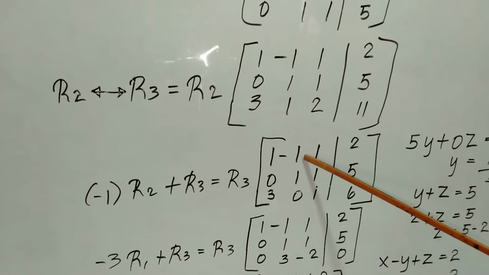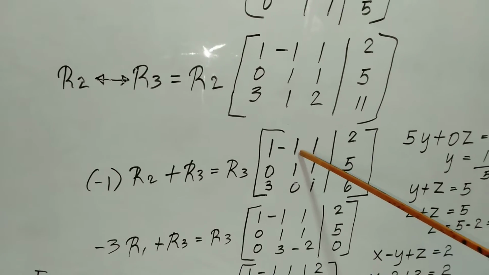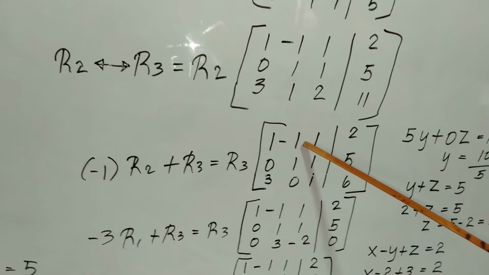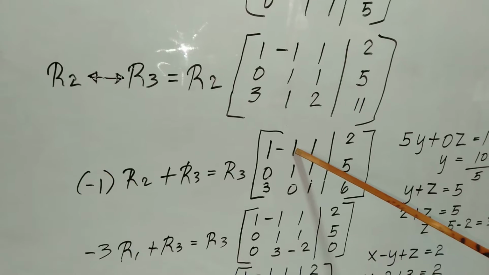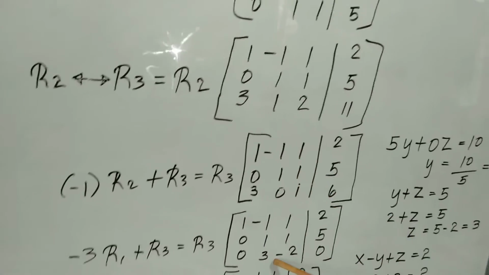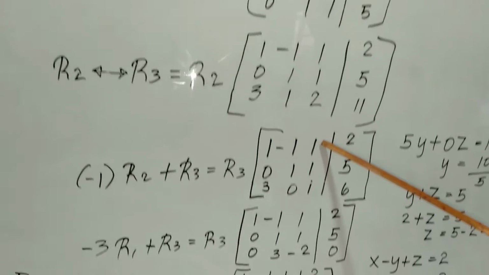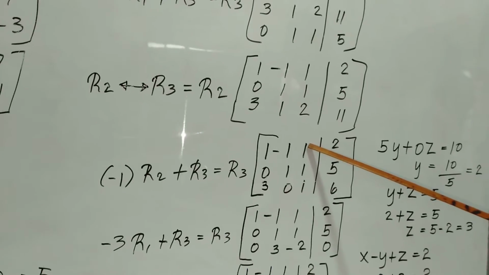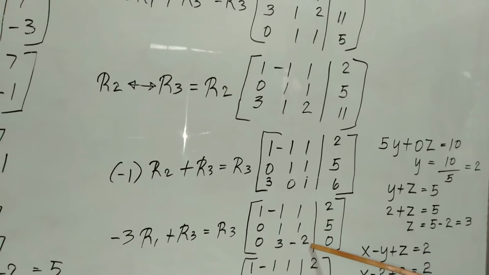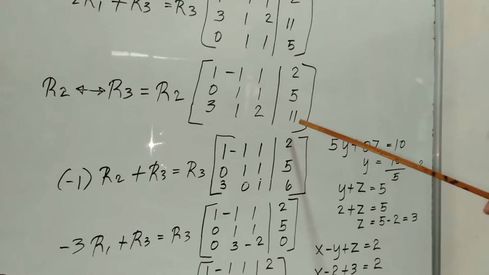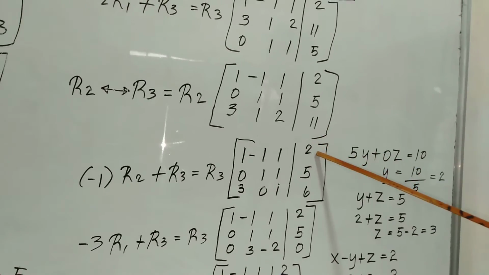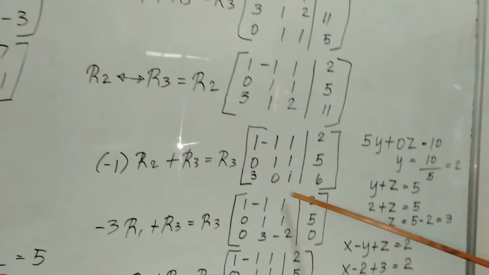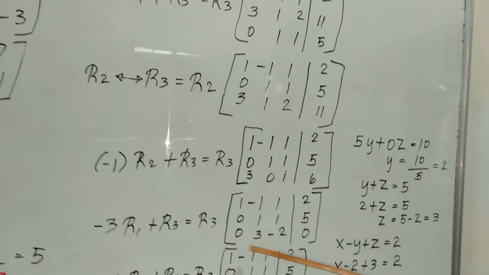Negative 1 times negative 3 is positive 3, plus 0 is positive 3. 1 times negative 3 is negative 3 plus 1 is negative 2. 2 times negative 3 is negative 6, plus 6 is 0. So this will now be our new augmented matrix.